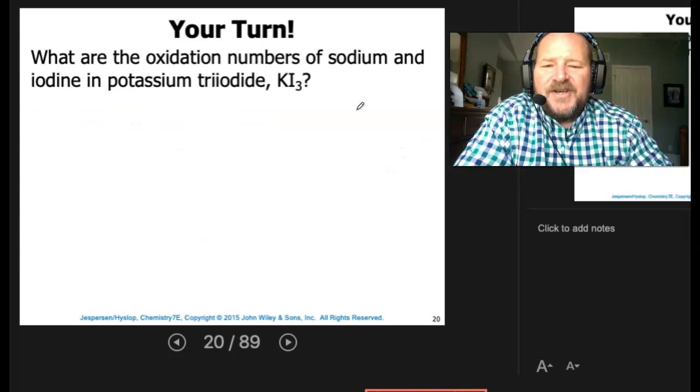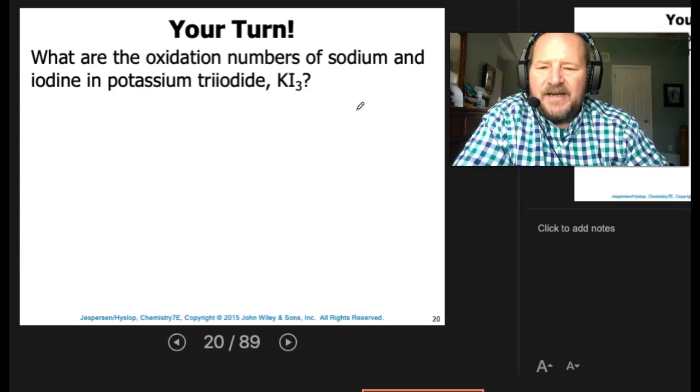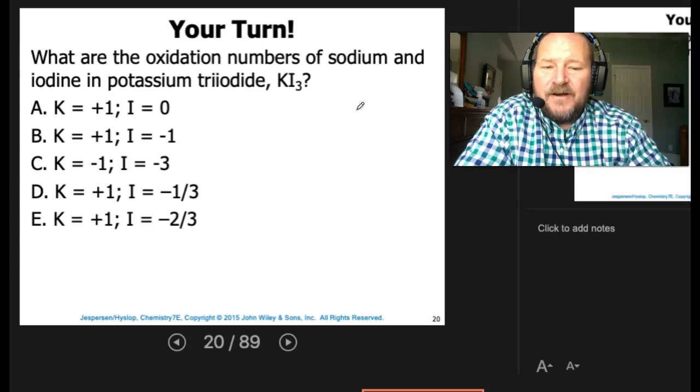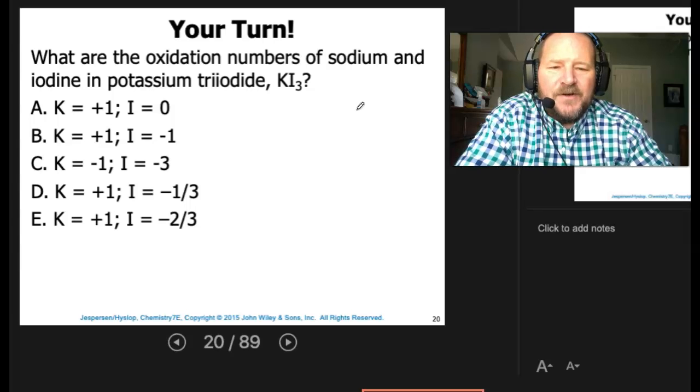What are the oxidation numbers of sodium and iodine in potassium triiodide? Here are your options. There was your pause. Now this one's going to seem a little strange, right? So potassium is a group 1A metal. It's going to be a plus 1. No options there.